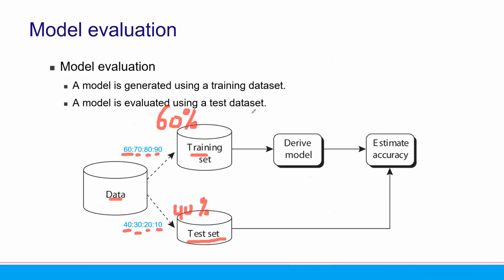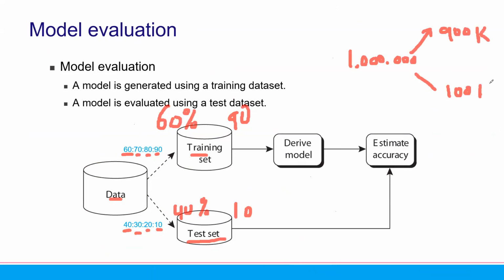If you have a lot of data, maybe you can use 90 and 10. Let's say you have 1 million rows. 90% of this data is 900,000, which is for the training set, and the other 100K is for the testing set.